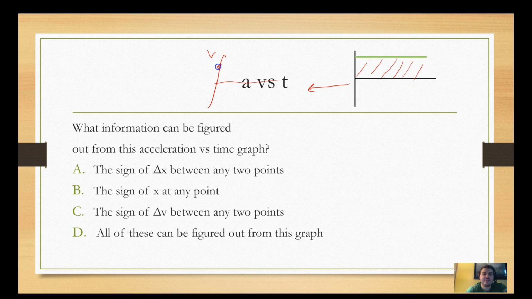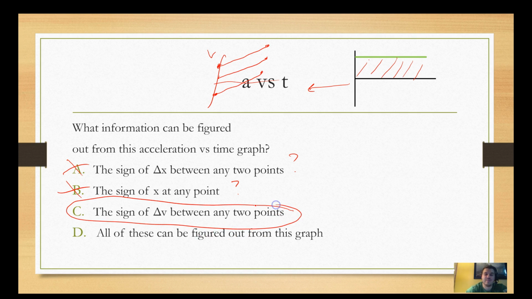So I could have a change in velocity that looks like this, or I could have the same sort of change in velocity like this, because the slope value for all of those is the same, as long as they're parallel lines. So I don't really know the sign of the displacement, because that would be 2 steps back. I don't know the sign of the position. That would be another 2 steps back, right? The only thing I know would be the sign of the change in velocity, and if I had numbers, I could find the value for that change in velocity too.